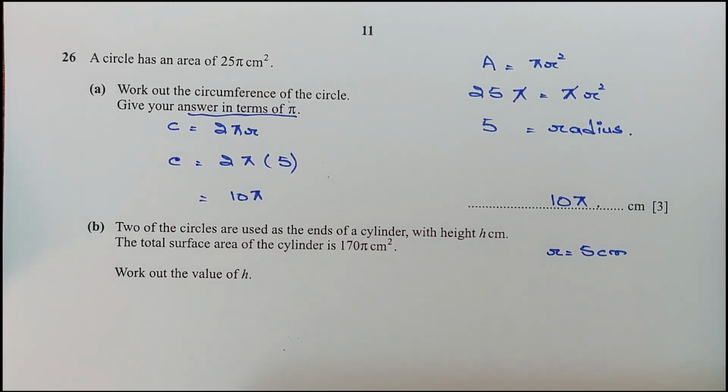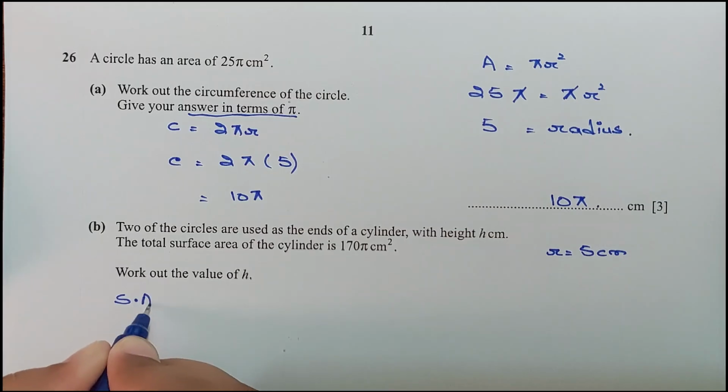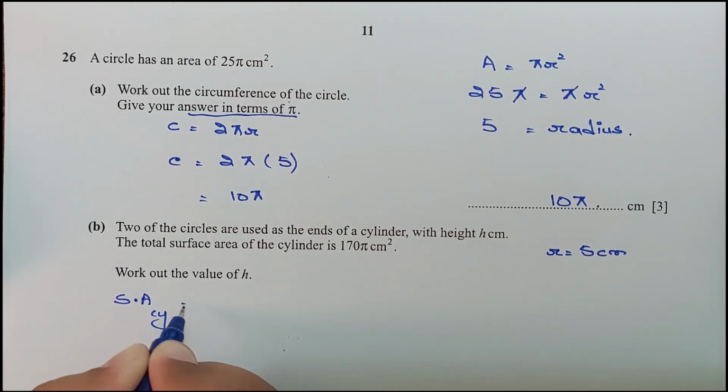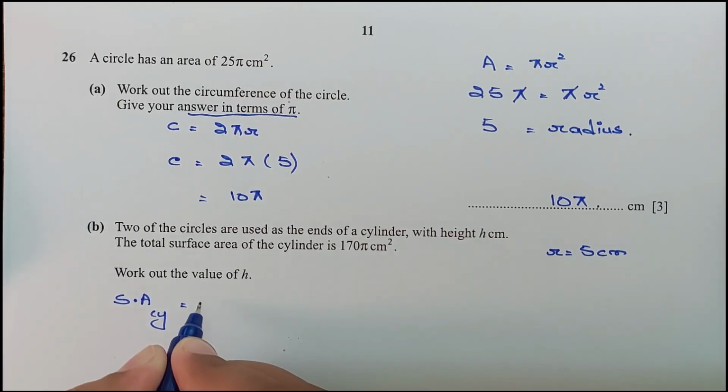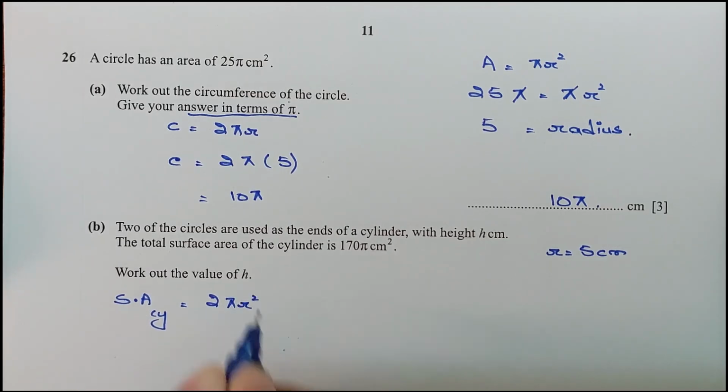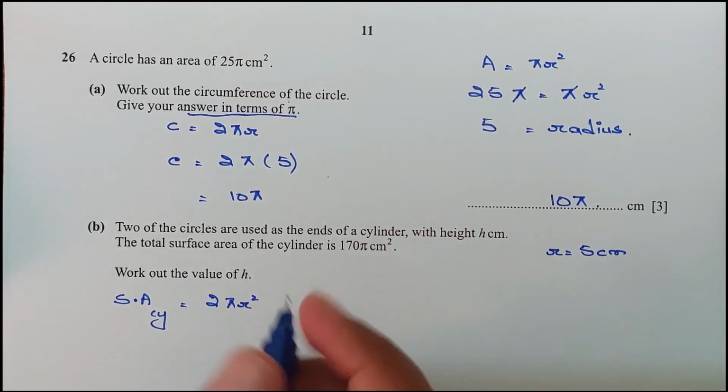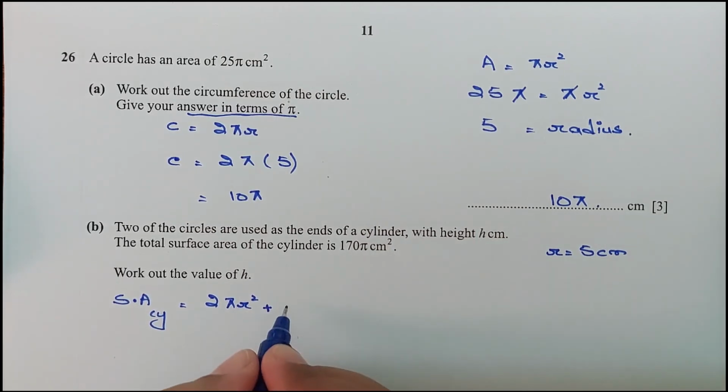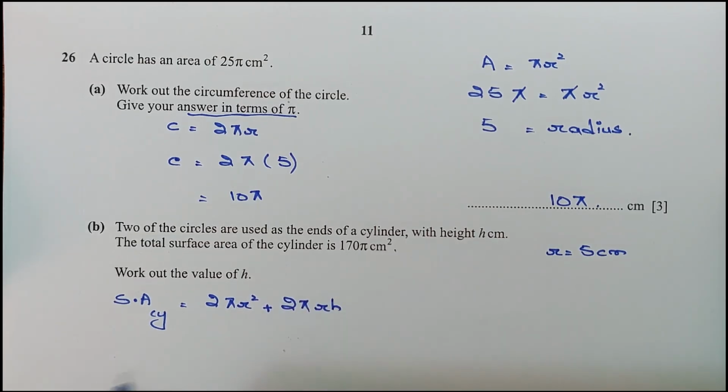So we have to use the formula for the surface area of a cylinder, right? The surface area of a cylinder is equal to the area of two circles, which is 2 times pi r squared, plus the curved surface area, which is 2 pi r h, right?